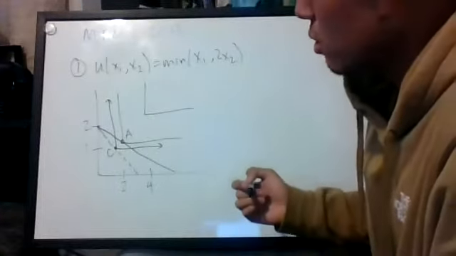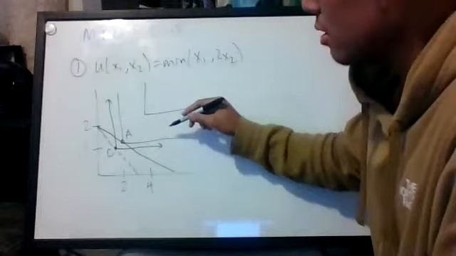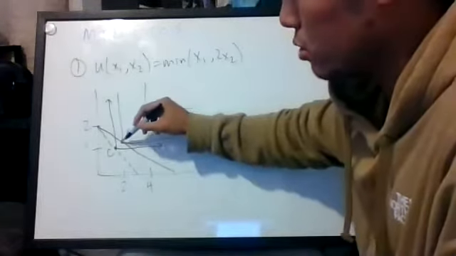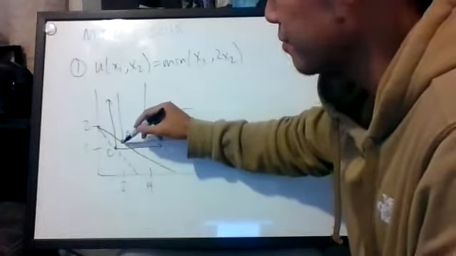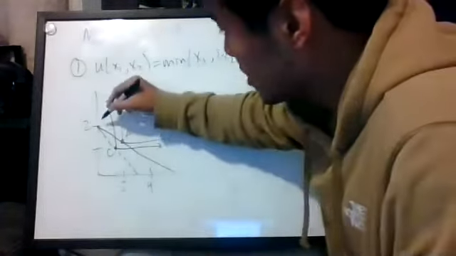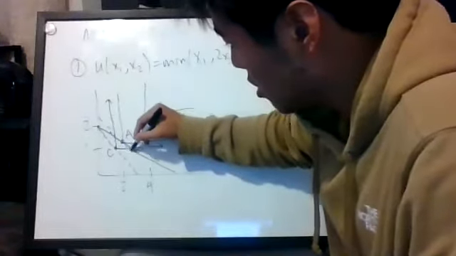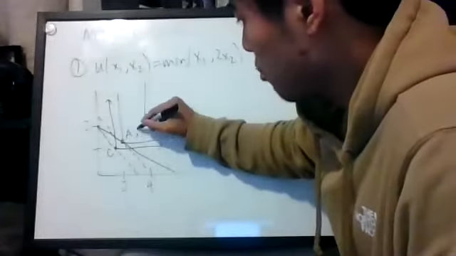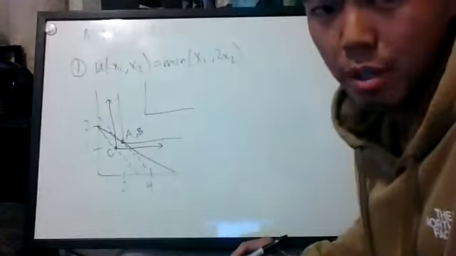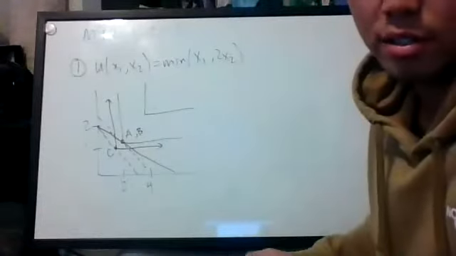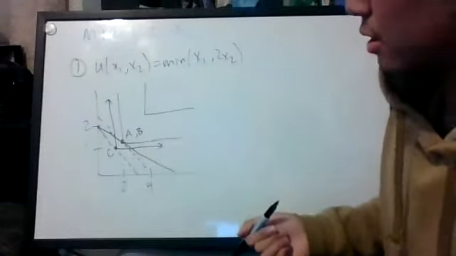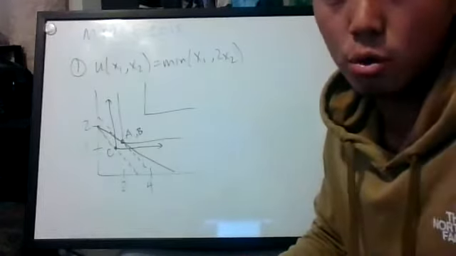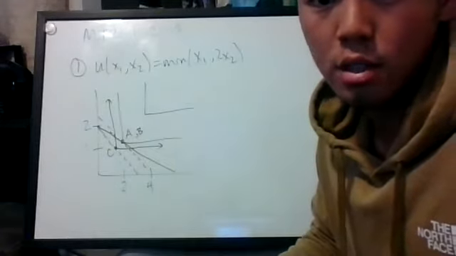So as a result, because we're dealing with perfect complements, the optimal bundle is always going to be at these corner solutions, which means that just generally for all perfect complements, point A and point B are going to be at the same place, which implies that the substitution effect is 0 and the income effect is negative, because in this case, the income effect is the total effect.